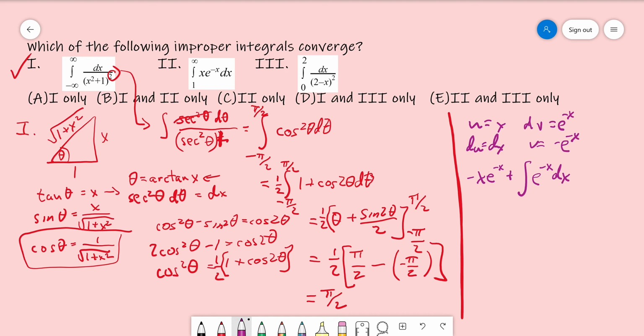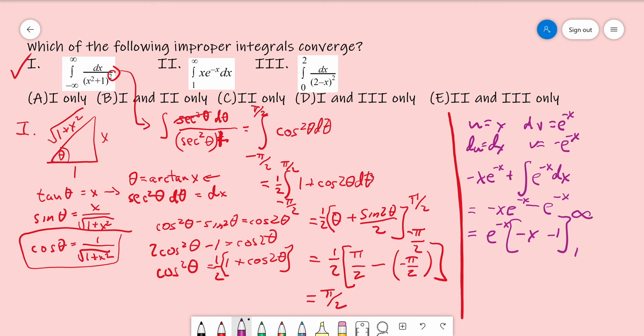And now let's evaluate this integral. So this is going to equal negative x e to the negative x plus the integral of e to the negative x, so that's going to be minus e to the negative x. And this we can factor out an e to the negative x, and we'll get negative x minus 1. And we have to evaluate this whole thing from 1 to infinity.